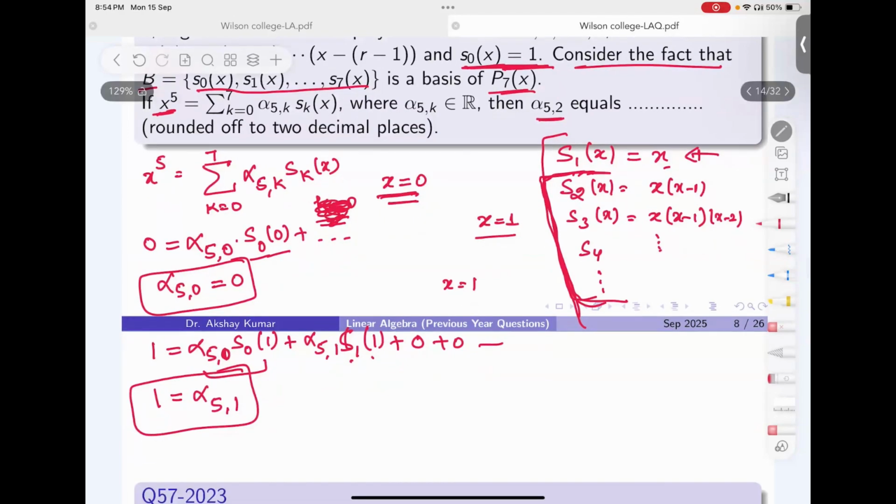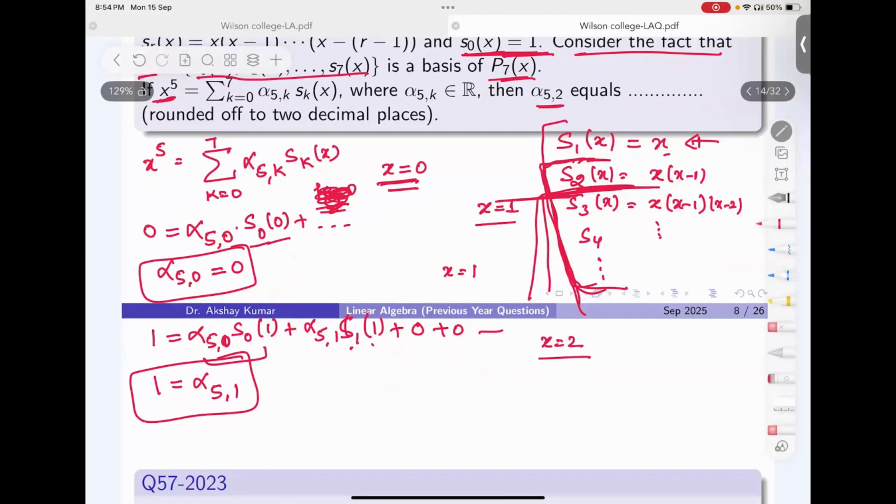Right, now similarly, if you put x equals to 2, then 2 is a root of all the polynomials from S_3 onward. Now if you put x equals to 2, what will happen?